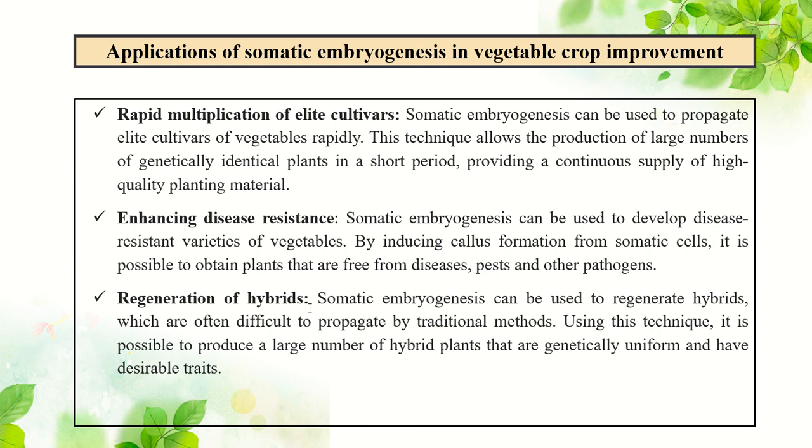I will give you this under protoplast fusion or somatic hybridization. Somatic embryogenesis can be used to regenerate hybrids which are often difficult to propagate by traditional methods. That technique can be used for large number of hybrid production, and you can produce genetically uniform plants, as I said previously, with desirable traits.